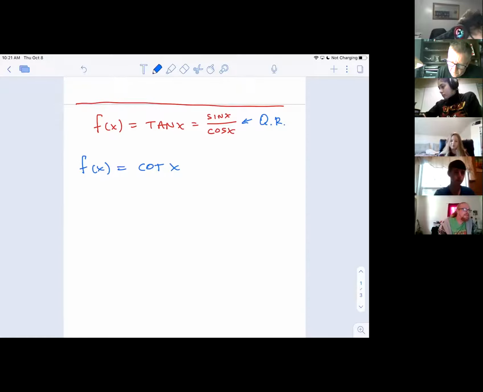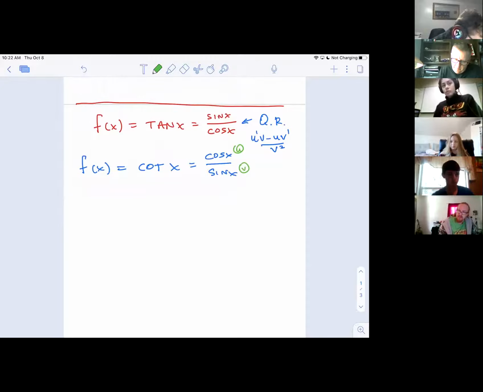Since cotangent can be rewritten as cosine of x over sine of x, the quotient rule says u prime v minus u v prime over v squared, where the top is the u and the bottom is the v.